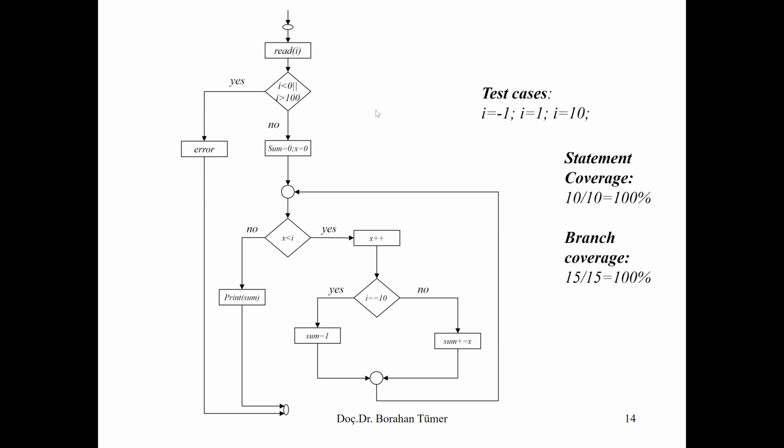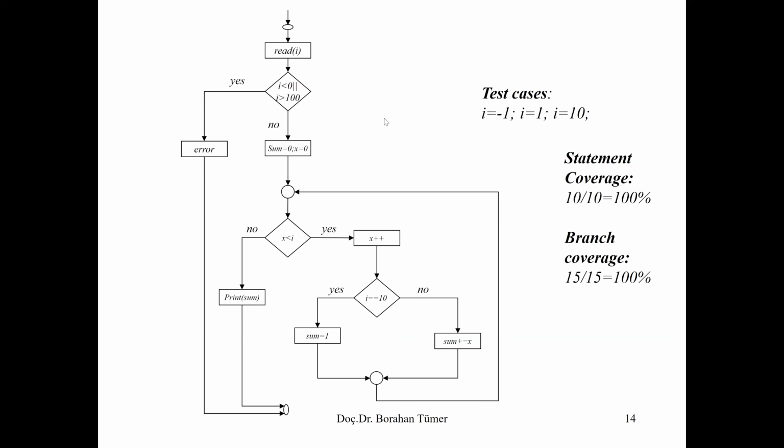If I use, on the other hand, the branch coverage criterion, then I have to test this edge and this edge separately. So that tells me that I have to go through this path once and through this path once.